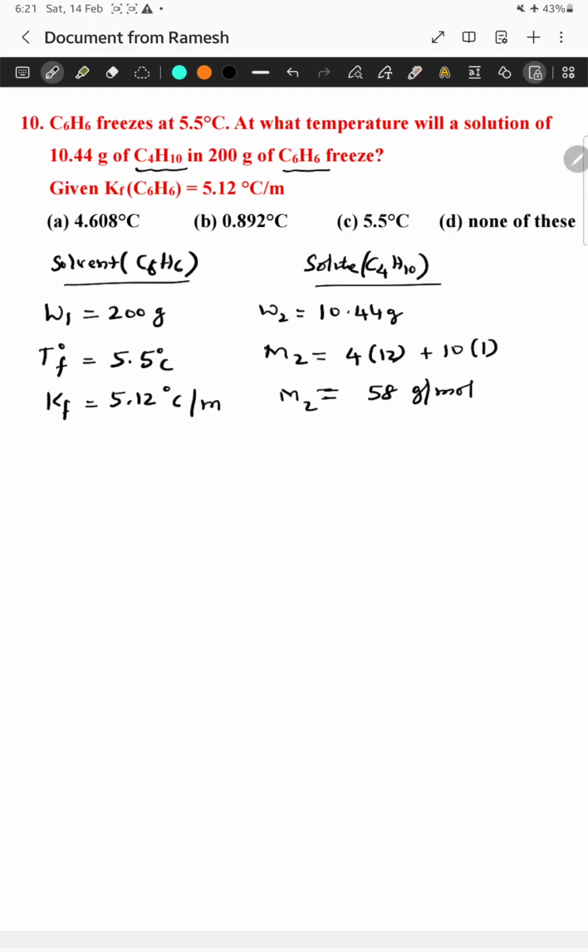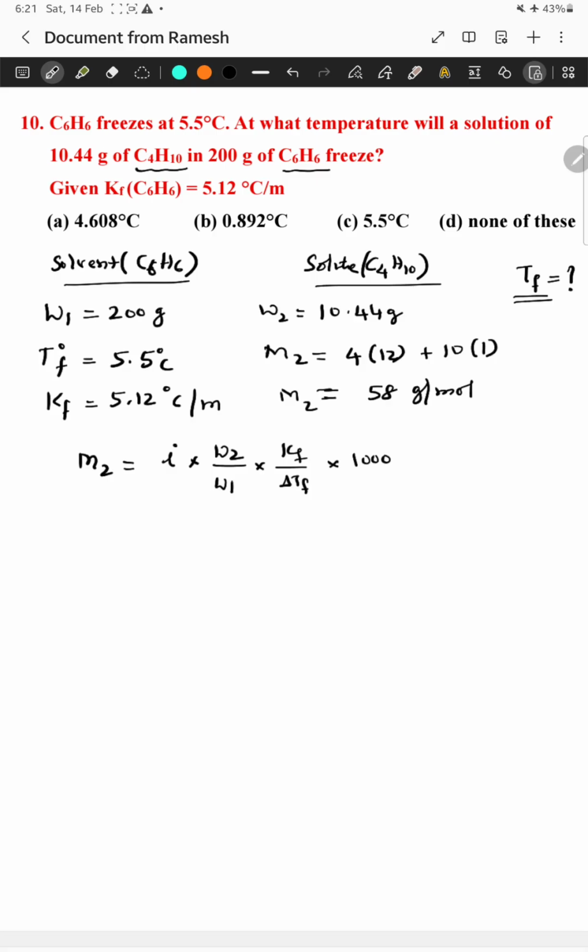They are asking at what temperature the solution will freeze, that means the freezing point of the solution, Tf. So now we are going to use the formula molar mass M2 is equal to i into W2 by W1 into Kf by delta Tf into 1000.